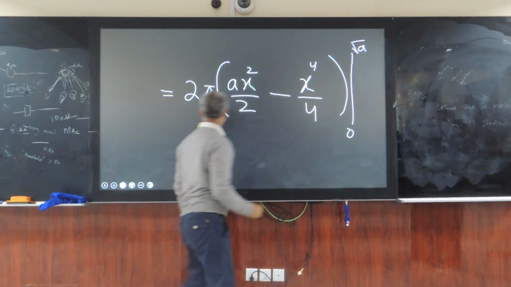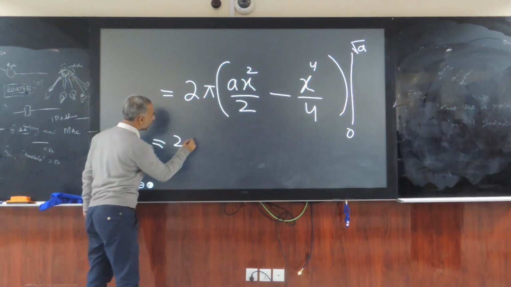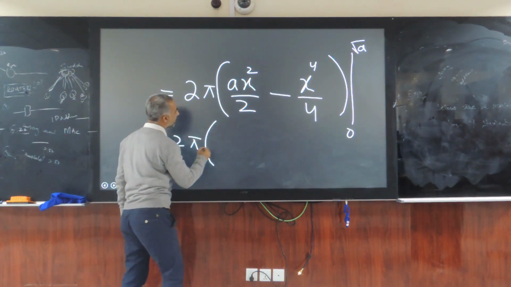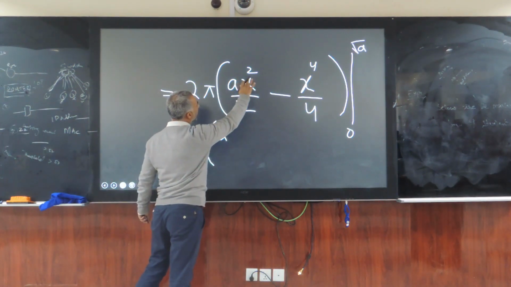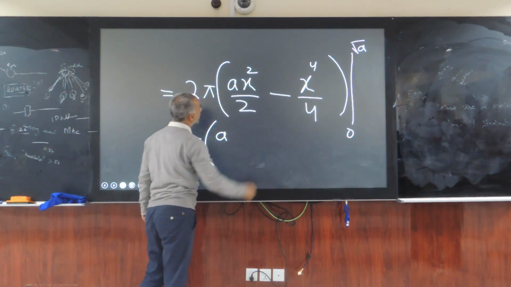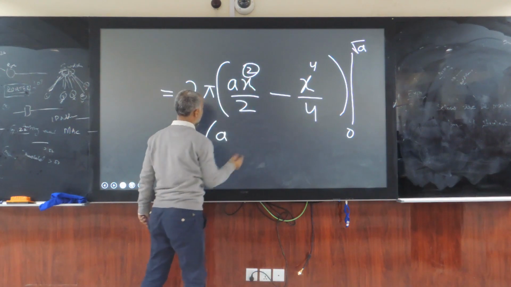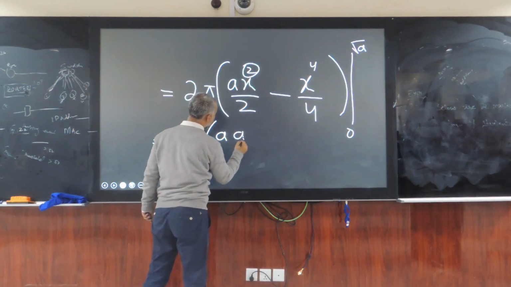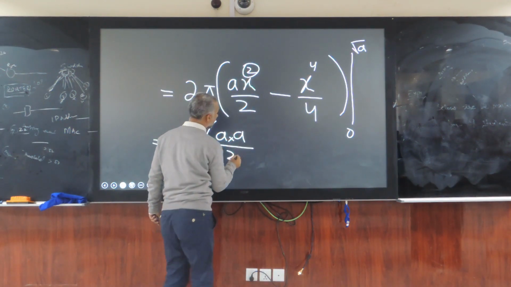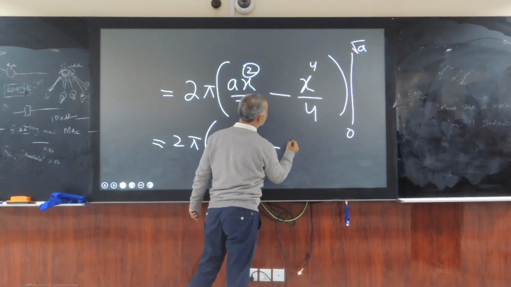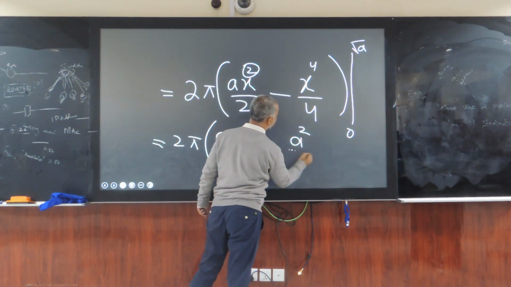square root of a. By substituting the value, the square root gets cancelled with the square, and we will have only a minus a square.